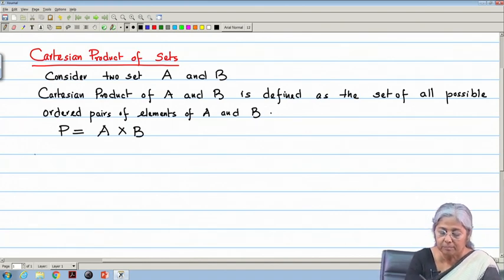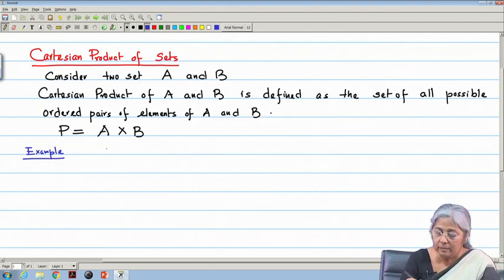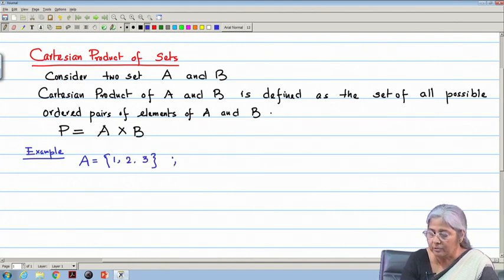Take one example. Let the two sets we define be A is 1, 2, 3 elements, and B having 2 elements, say a and b.